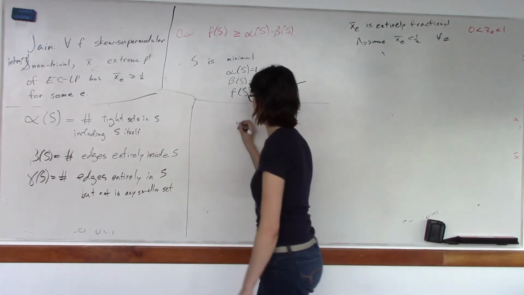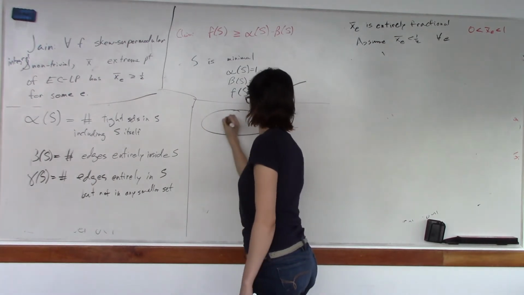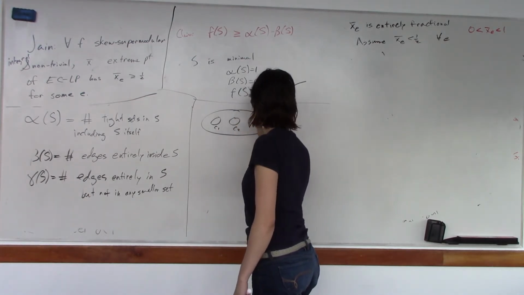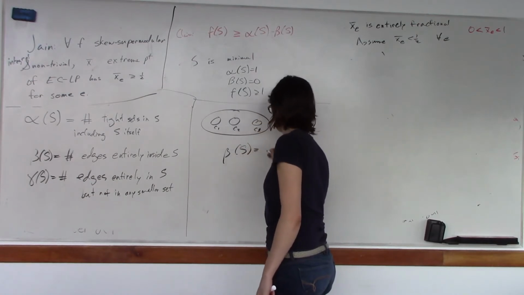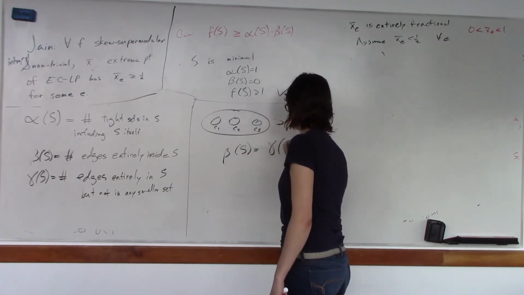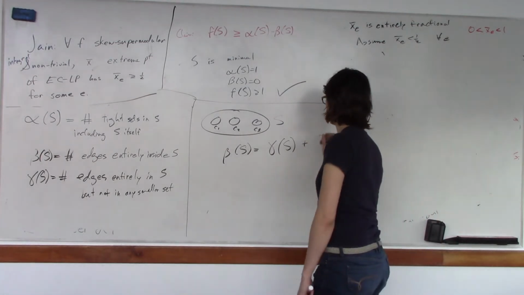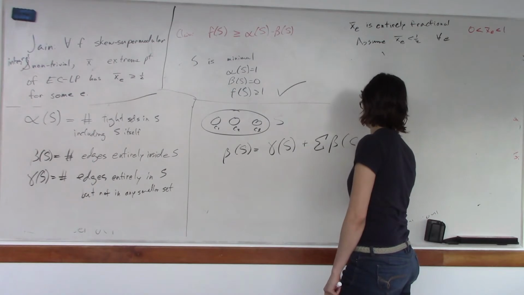If we look at the number of edges, we're going to have S, and then we're going to have all the children again. So beta of S equals all the stuff which is entirely inside S, not inside anyone else, plus all the stuff that its children have.